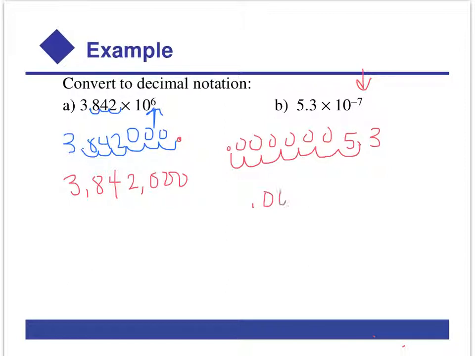So that gives us this number right here. Oops, I left off a 0. 1, 2, 3, 4, 5, 6, 7. Yep, that's it. So that's our final answer there.